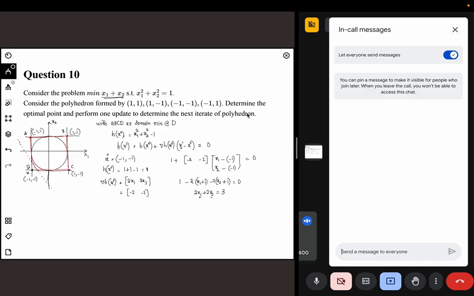So my new x1, x2 can be something on this line. What is this line? It will be something like 3 by 2, which is 1.5, and 1.5, going something like this. If I missed something here, why did it go on the other side? It should be on this side, right?